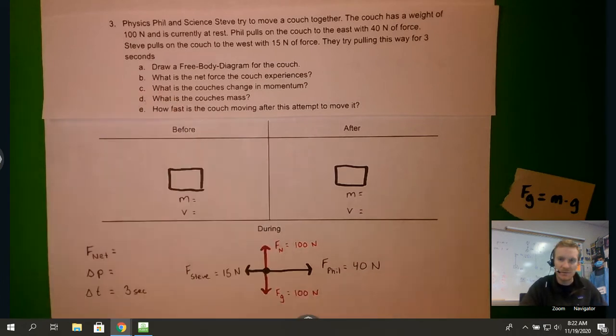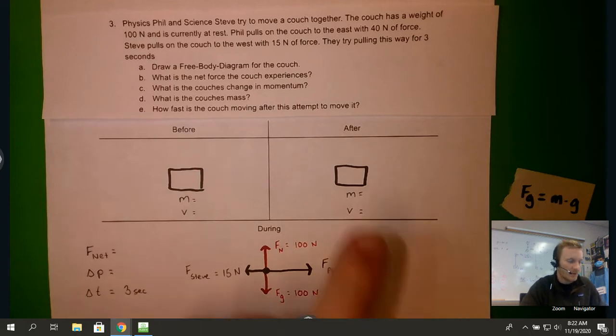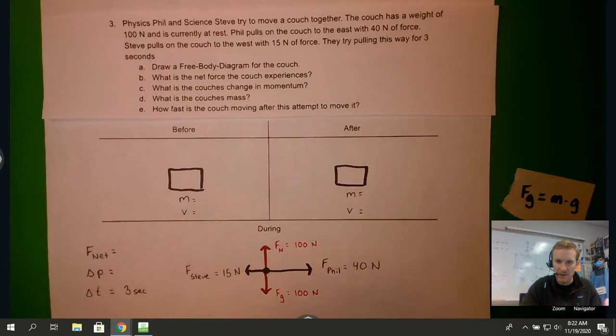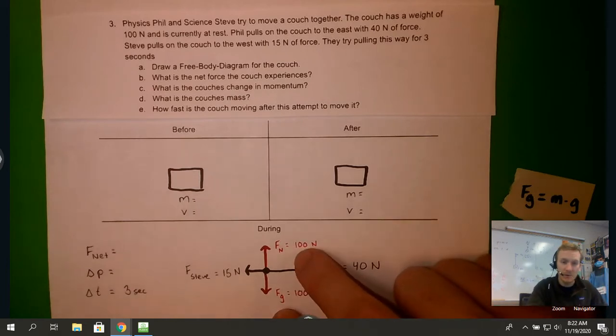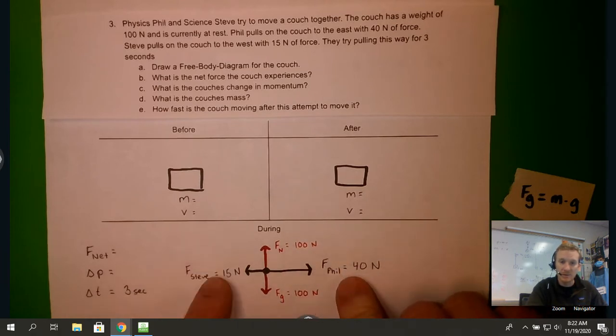What is the net force that the couch experiences? So we're taking all of those interactions, we're adding them together, and it is like a big game of tug of war. Okay, whichever side has the most newtons applied is kind of the winner. That's where the net force is going to go. So there is no net force up or down because they cancel each other out, but we can say that there's a net force from west to east, right?